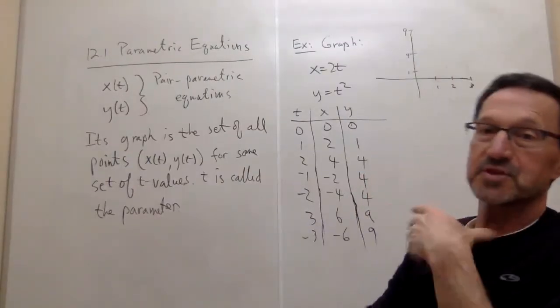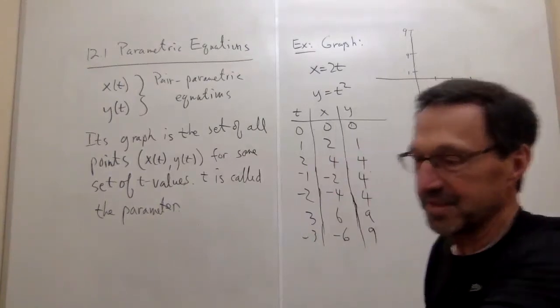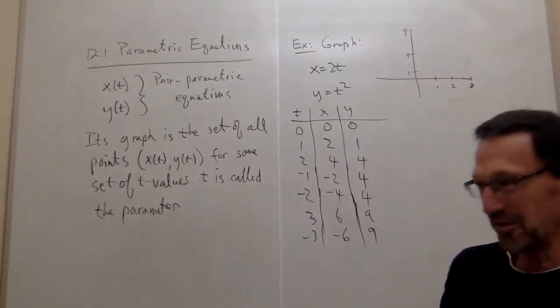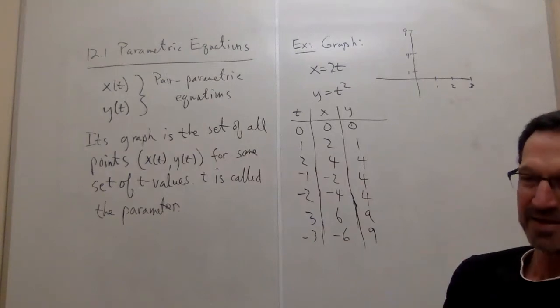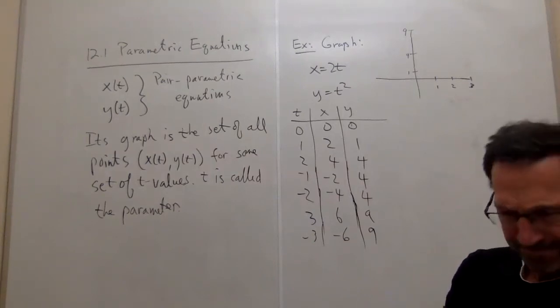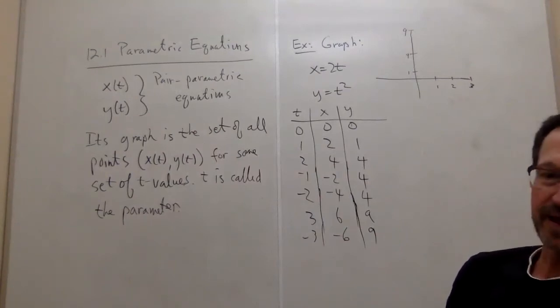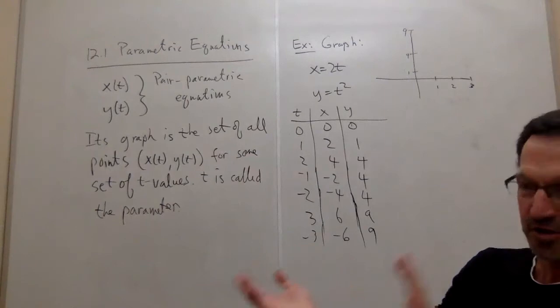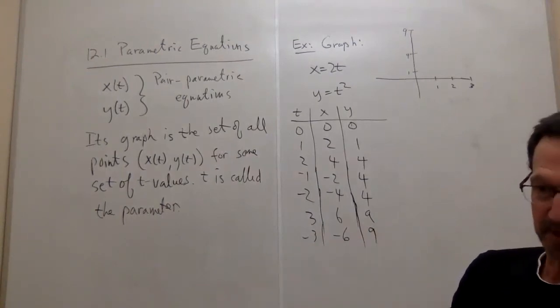All right, chapter 12, section 1, parametric equations. And before we start, let me say what our goal is here. Just like for polar coordinates, there's a new way to talk about curves in the plane. And we discovered that there are some ways in which polar coordinates are better and some ways in which they're not so good.